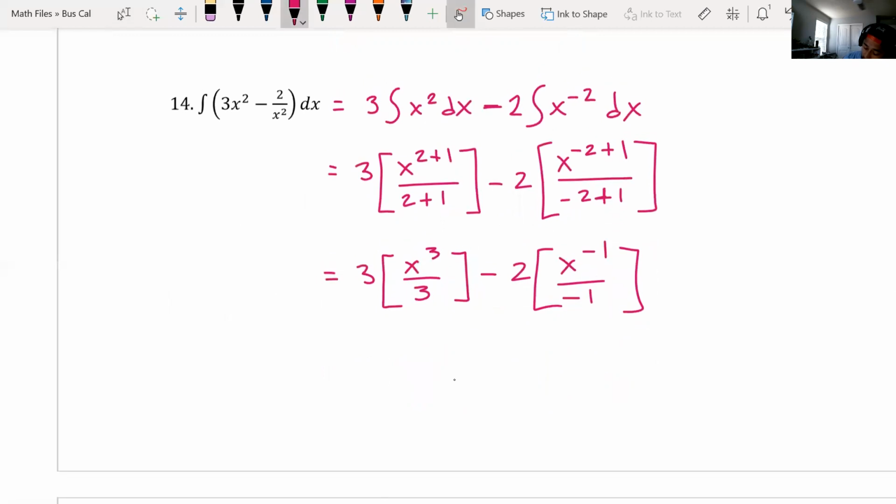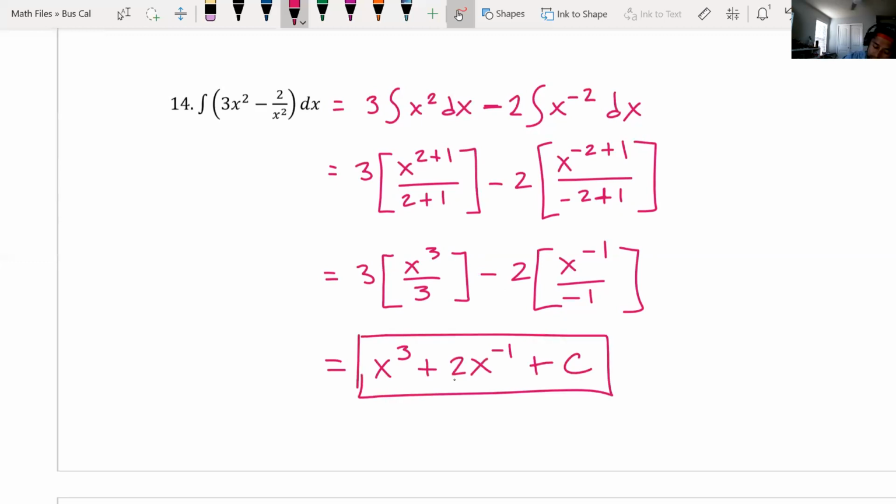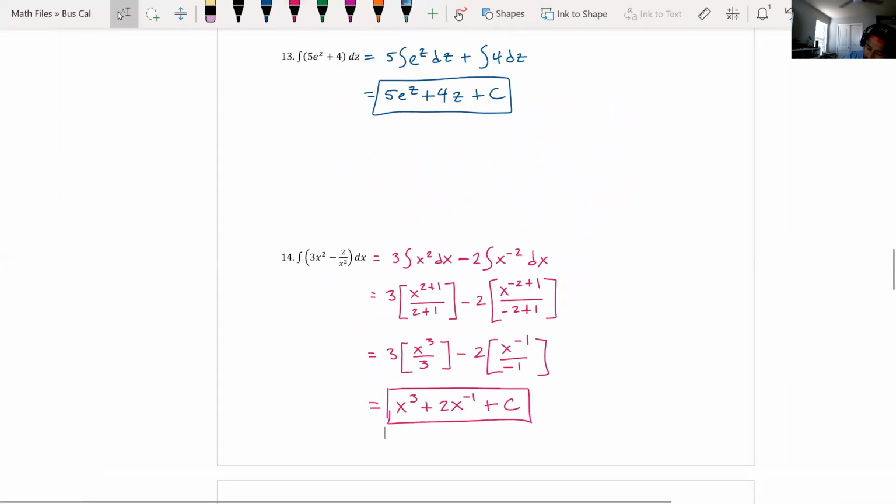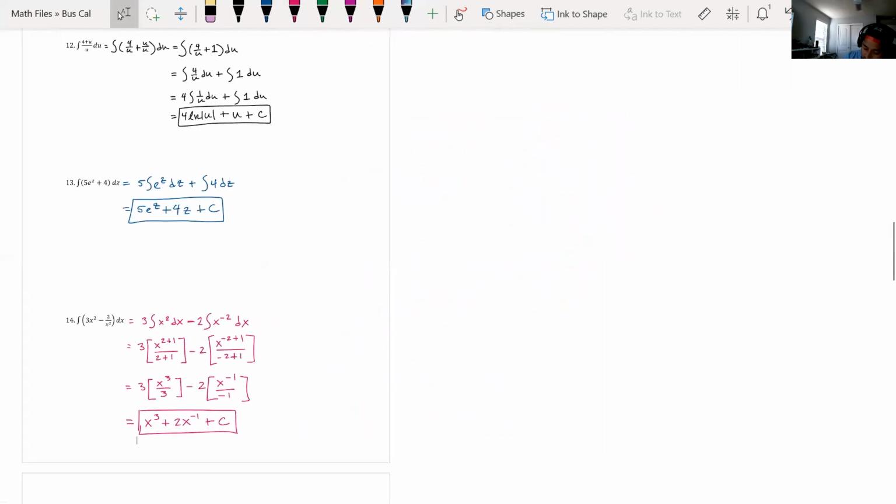Clean up some more. Your 3's will cancel, so you'll be left with x cubed. And then negative over negative makes positive. So I'll get positive 2 x to the negative 1 plus c. Cool. All right. Any questions on that page?